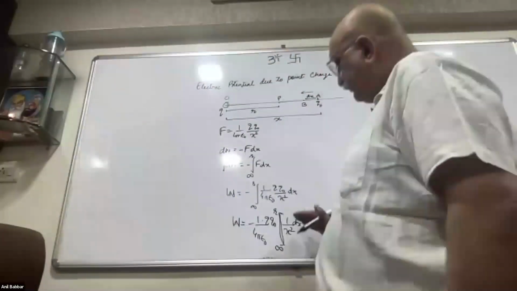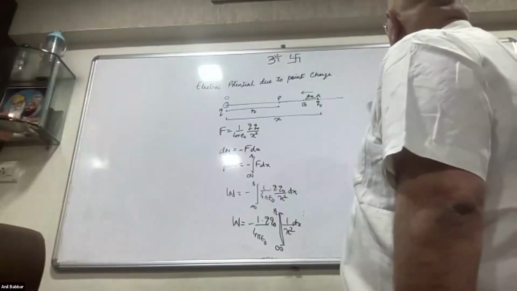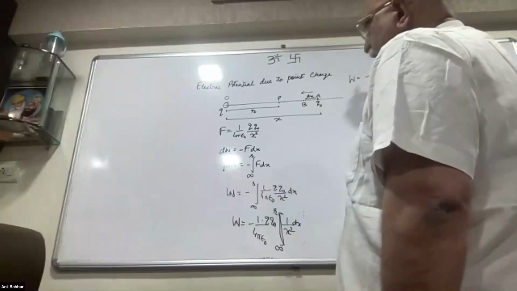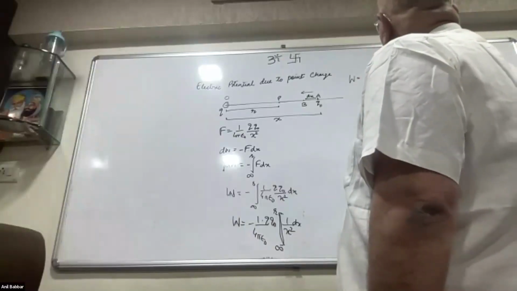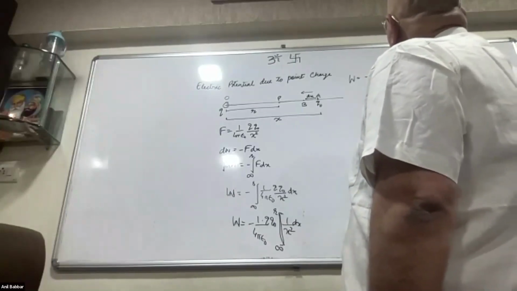So integration of this will be, work done is equal to minus 1 by 4 pi epsilon naught. So let it be Q naught.